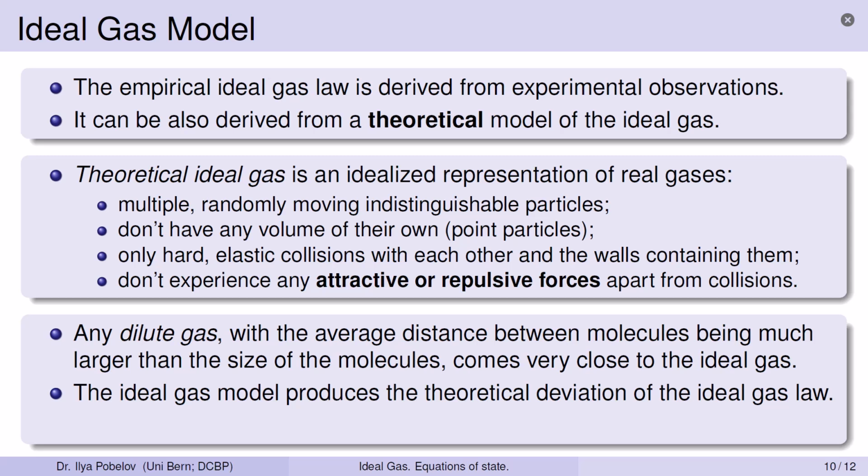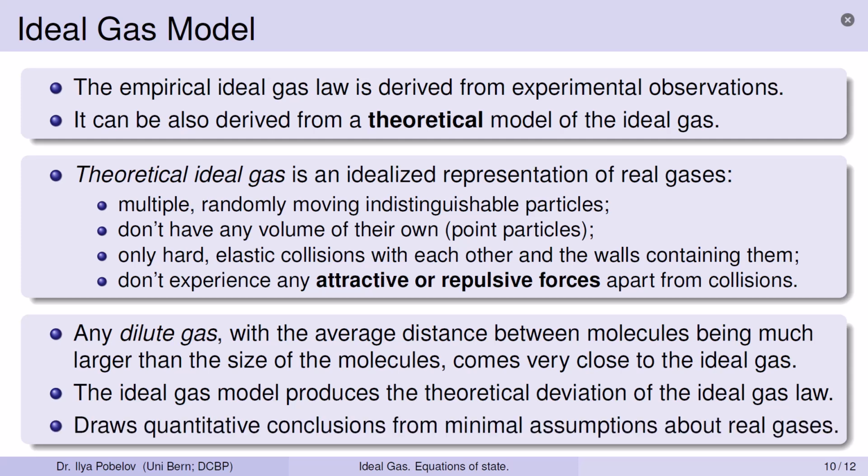The ideal gas model gives rise to the theoretical derivation of the ideal gas law, a simplified equation of state. Historically, this approach and derivation were established in the 19th century. It remains relevant today because of its simplicity and the powerful insights it offers. Using minimal assumptions, it draws robust, quantitative conclusions about real gases in a wide range of conditions.